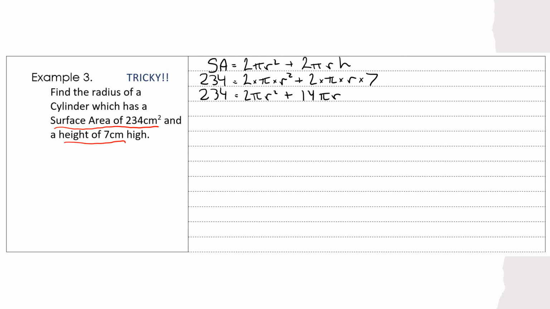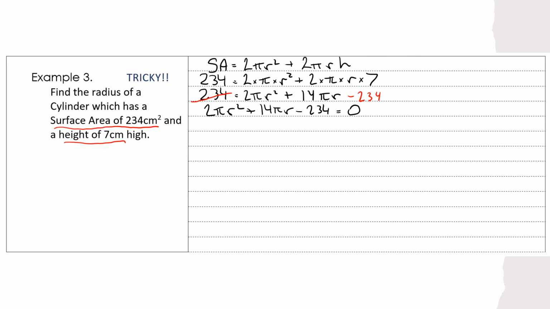Okay, so now we may be noticing that this is a little bit tricky, but we can move the 234 over here by minusing 234. You hopefully soon will start to notice what I notice. 2 pi r squared plus 14 pi r minus 234 equals 0.